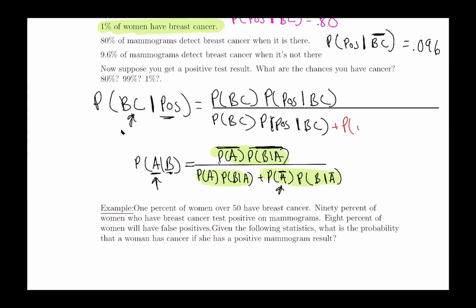We put BC with a bar, as the formula has a bar right here. And for probability of B given A, A is the bar. So we're going to say probability they test positive given that they don't have breast cancer. That's the formula we're going to be using. Any question in regard to that formula?